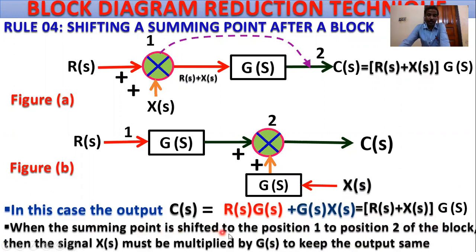When the summing point is shifted from position 1 to position 2 of the block, then the signal X(s) must be multiplied by G(s) to keep the same output, R(s) plus X(s) whole into G(s).